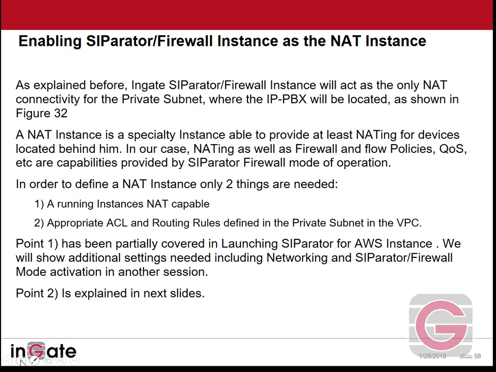Okay, the next step is to enable the separator as a NAT instance. So somehow we need to tell the VPC that for the private subnet, all the default traffic, the default route, will be sent to the instance and not to the default NAT device that was created with the wizard.